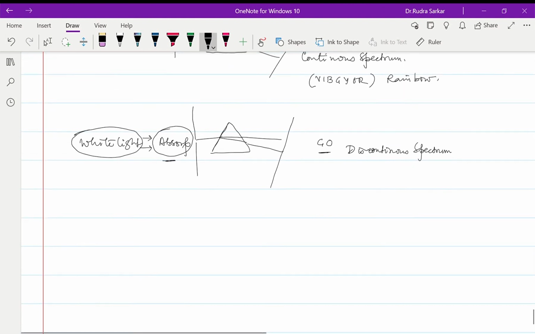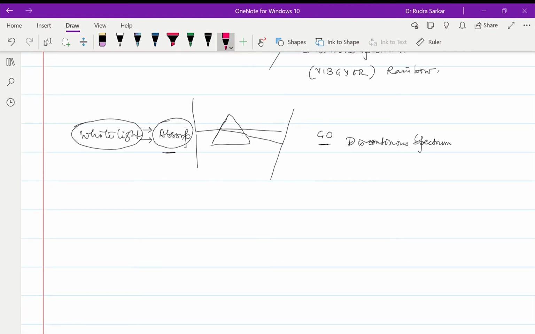Now I also said this to you that for each element, while discussing, if you remember, before I had mentioned the Rydberg equation. I had said that they were taking the spectrum of hydrogen and then they took the spectrum of other elements and they found that each atom was having a different spectrum. So the spectrum that you are getting for each atom is characteristic of that particular element, right?